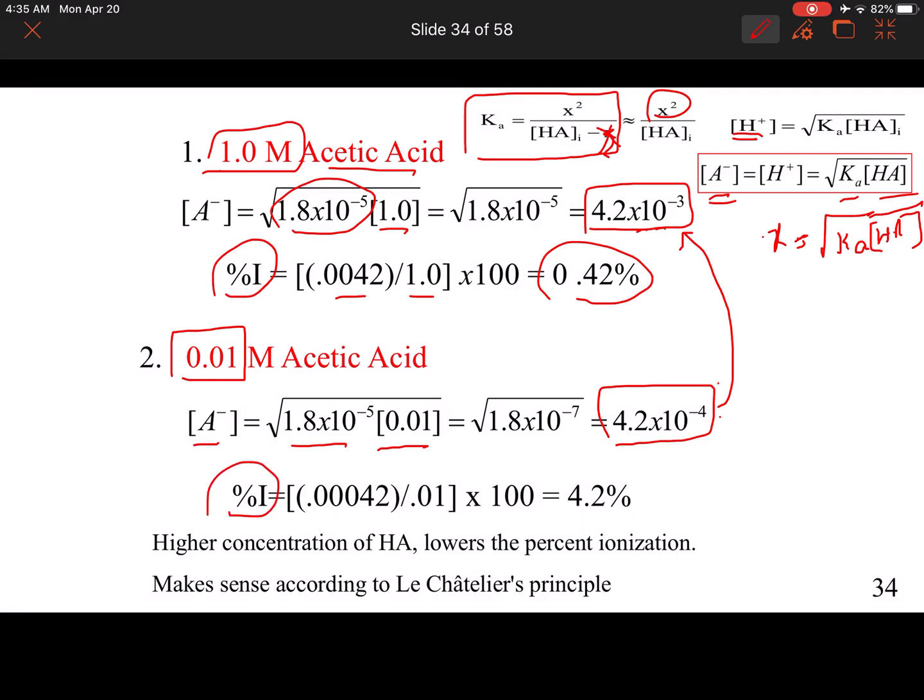I take this divided by 0.01 now. Look, I'm dividing by a much smaller number. The percent ionization actually increases. And so dilution increases the percent ionization. As I become more dilute, the percent ionization increases.